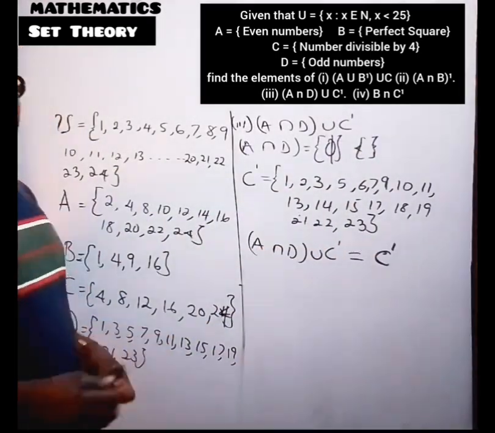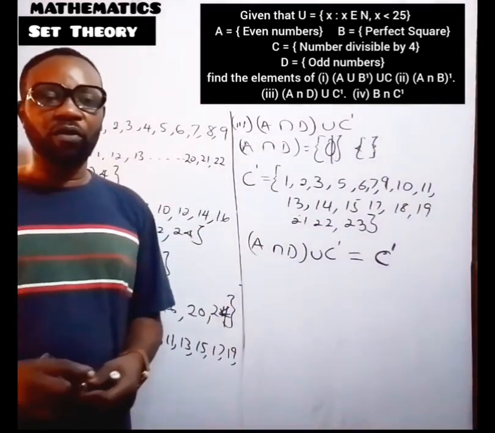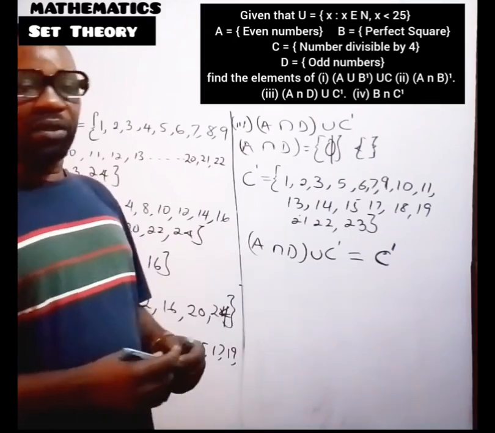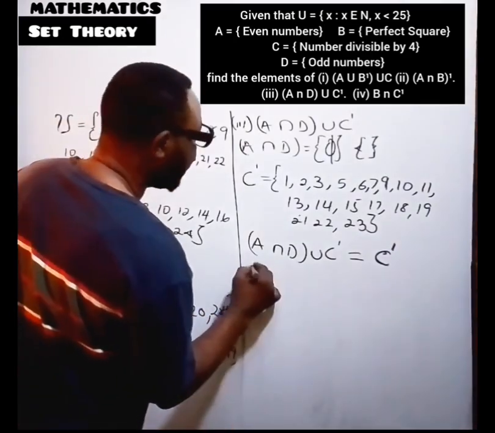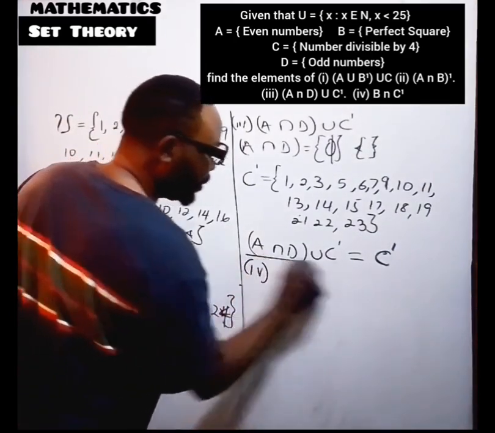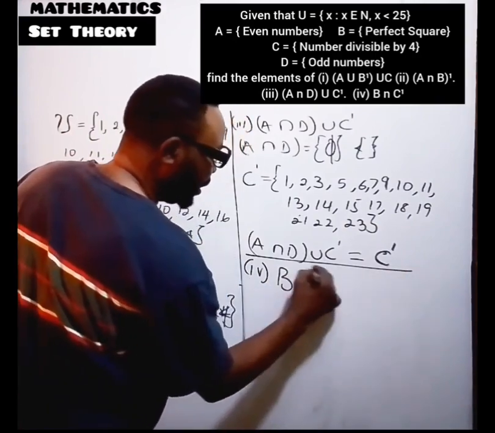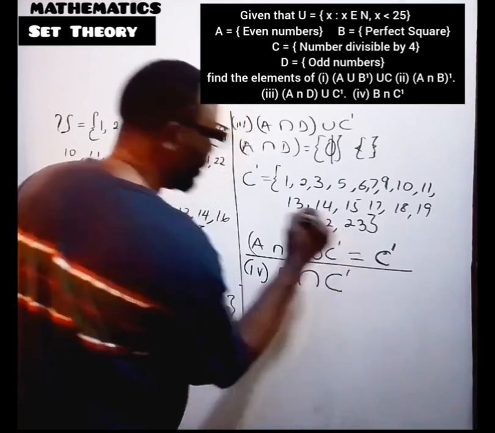Then the fourth question says we should find the value of B intersection C complement.